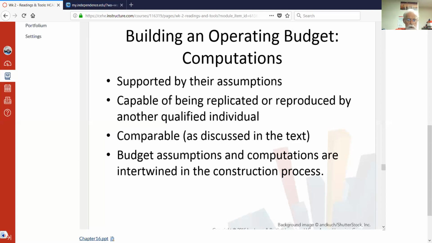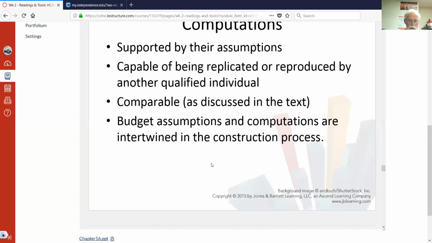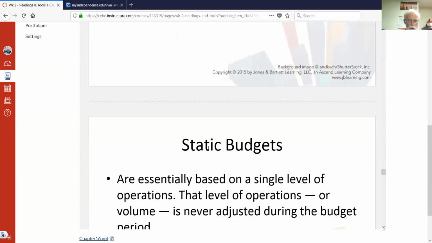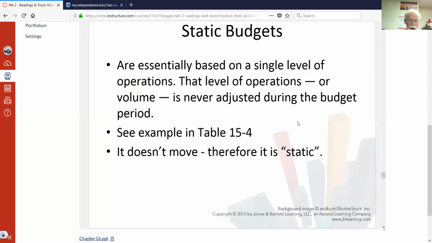Your operating budget. Then you have to do the computations. Again, it has to be done with the assumptions in mind, and it needs to be consistent throughout. Now we have static budgets, which means we don't look at the level of operations being adjusted during the budget period.